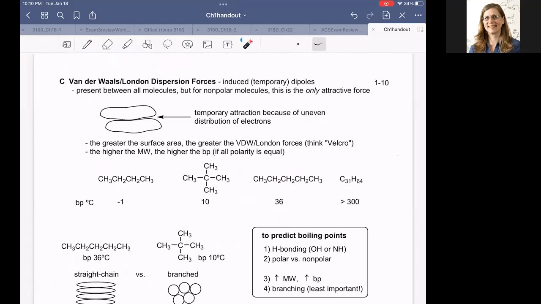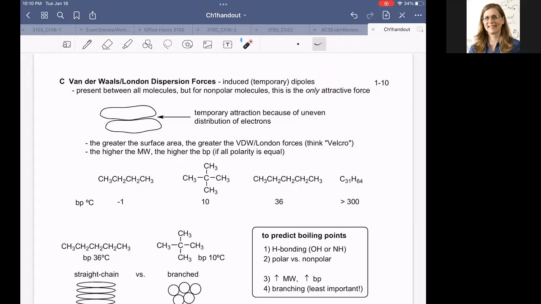Okay, and so this last effect is the weakest effect. That's why we're talking about it last. It's called van der Waals forces, or London dispersion forces. And these can be described as temporary dipoles that molecules might experience, and if there are temporary dipoles, then there might be some temporary attraction between molecules.